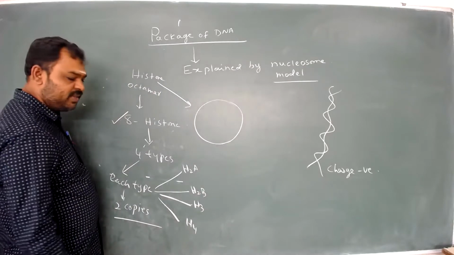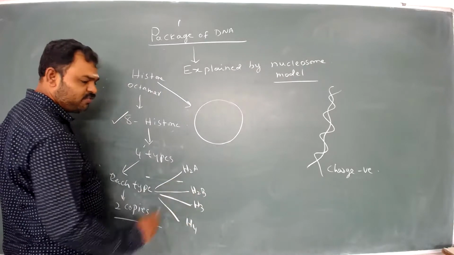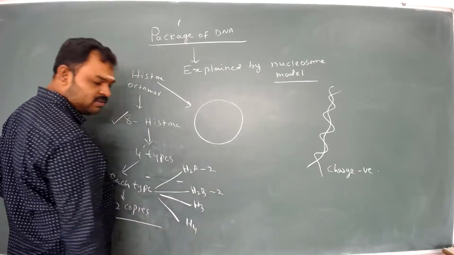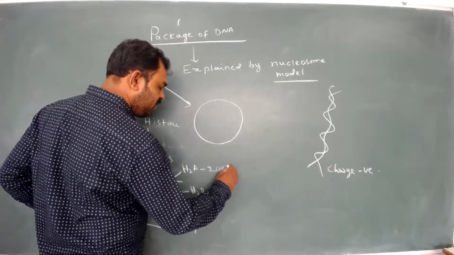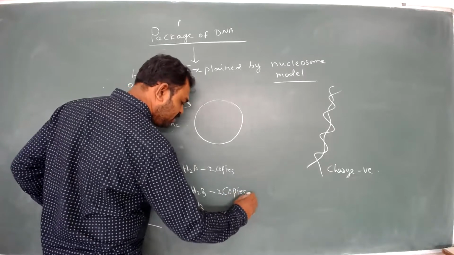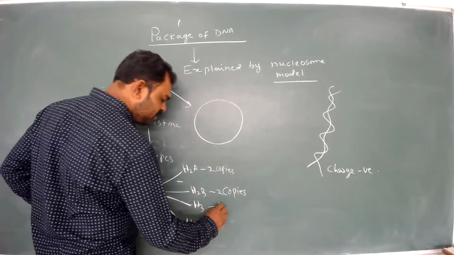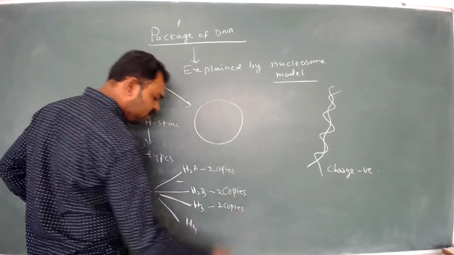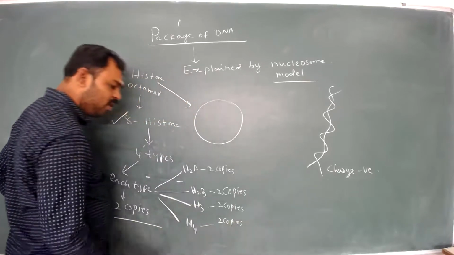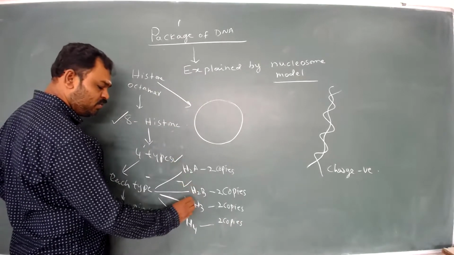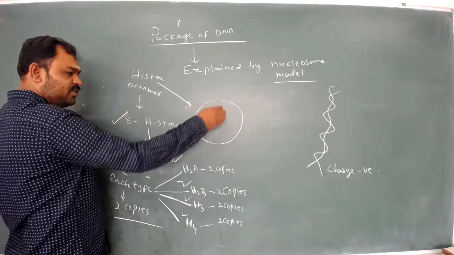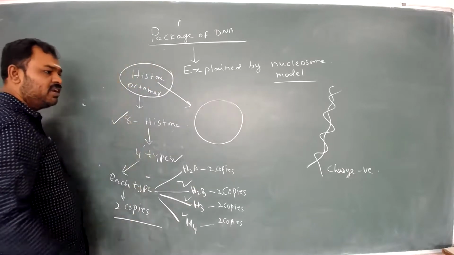H2A has 2 copies, H2B 2 copies, H3 2 copies, and H4 2 copies. The total combination of these 8 histones forms the histone octamer.